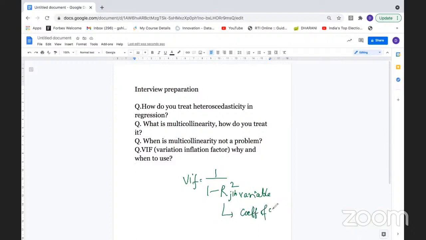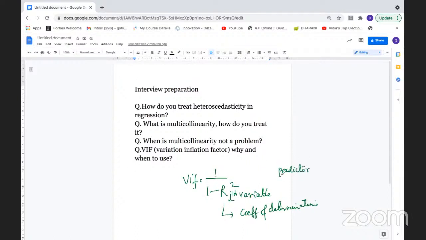Coefficient of determination. This R square is of the model that includes all the independent variables except your jth predictor.